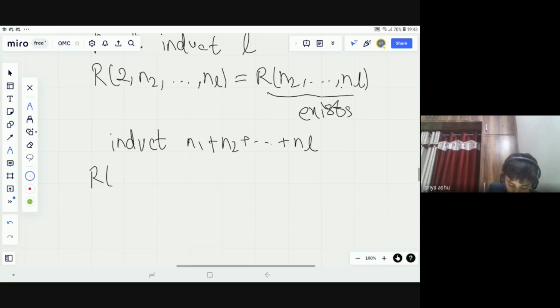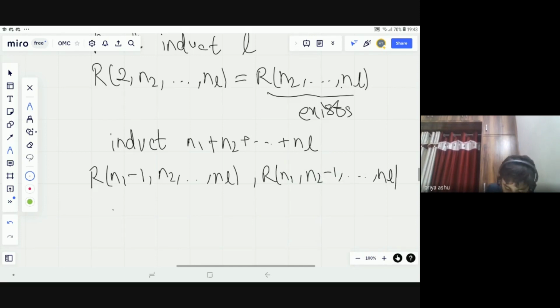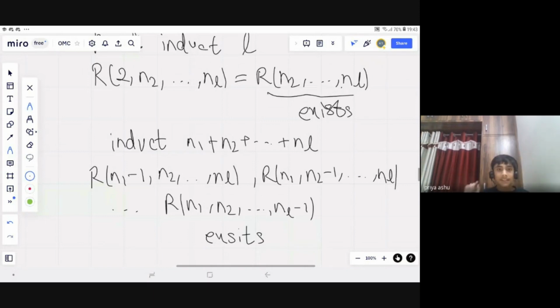We assume that R of n1 minus 1, n2 and so on till nl, and R of n1, n2 minus 1 and so on till nl, and likewise R of n1, n2, up to nl minus 1, all these numbers exist, just because they have a sum which is less than n1 plus n2 and so on till nl.